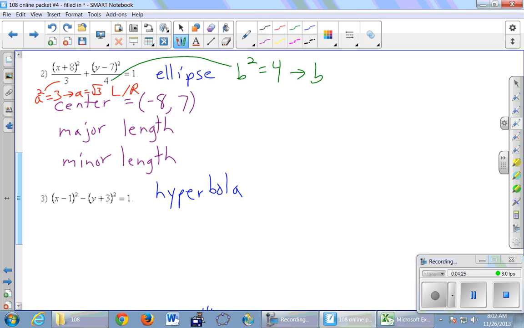So that means that b is 2, and 2 is the up-down number. Okay, so the bigger number between root 3 and 2 is 2. We're going 2 up and down, which makes the major axis 4 altogether. 2 up and 2 down. And then the minor axis, you're going root 3 left and root 3 right. 2 root 3 is the length of the minor axis.